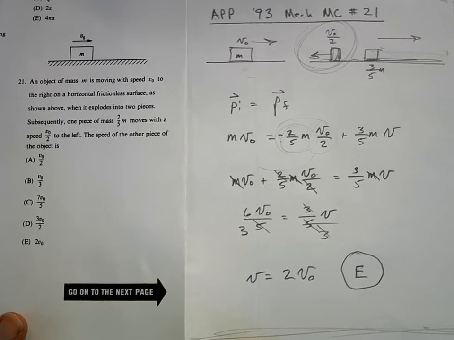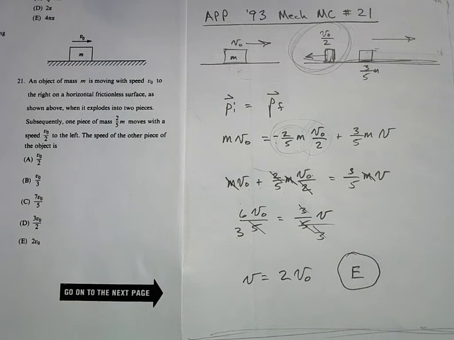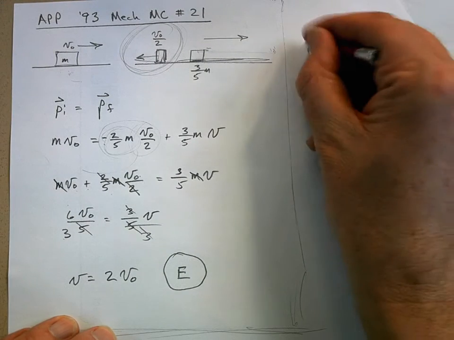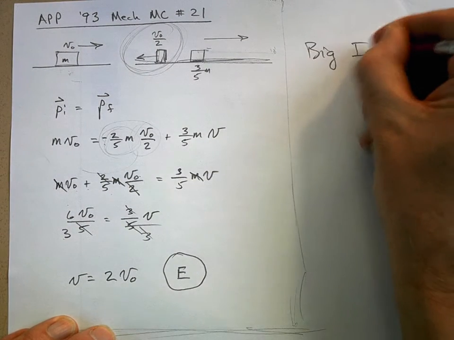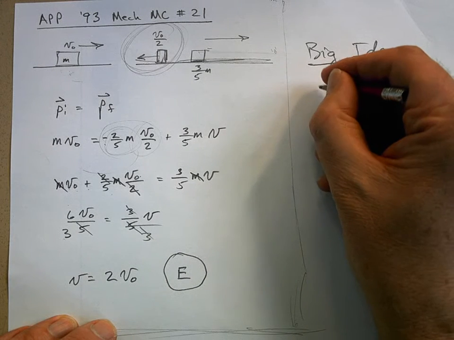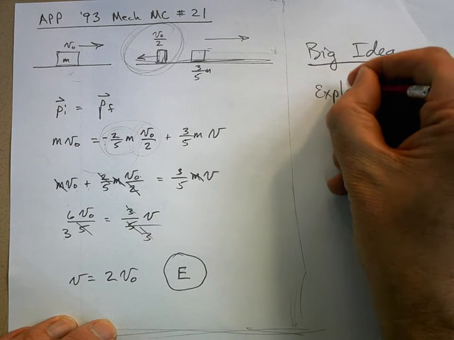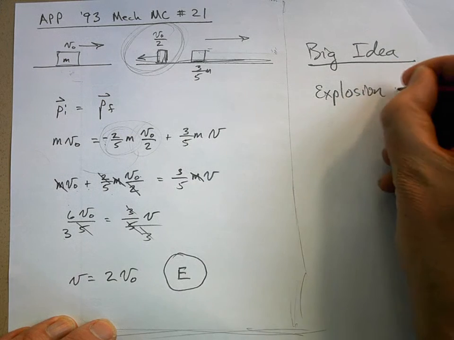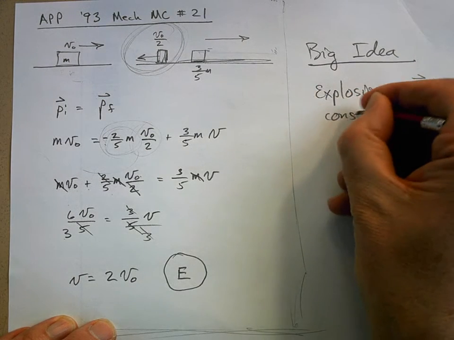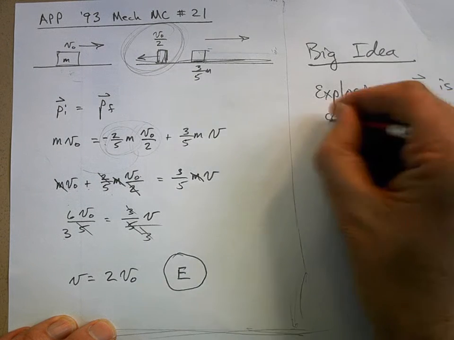So what's the big idea? If you're trying to figure out what to write down for the big idea for the problem, it really depends on the mistake you made. The big idea is this: in an explosion, momentum is conserved.